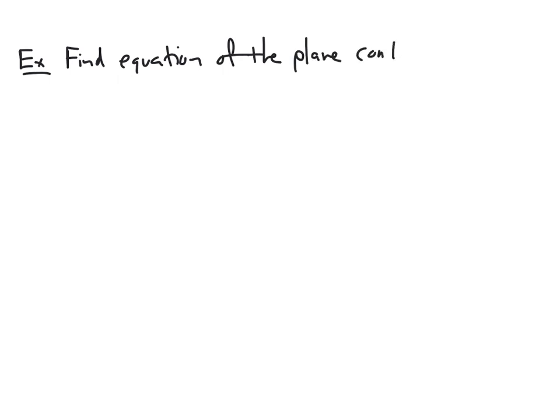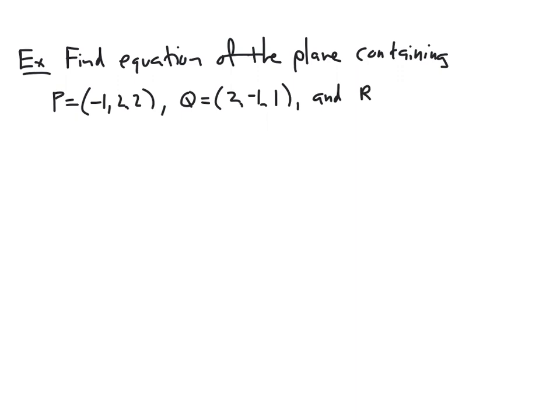So we want the equation of the plane containing points P, which will be -1, 2, and 2, Q, 2, -1, and 1, and R, which will be 2, 2, and 1. All right, so this is a much more realistic situation where we have a plane and we know 3 different points on it, and we want to find that equation of the plane.